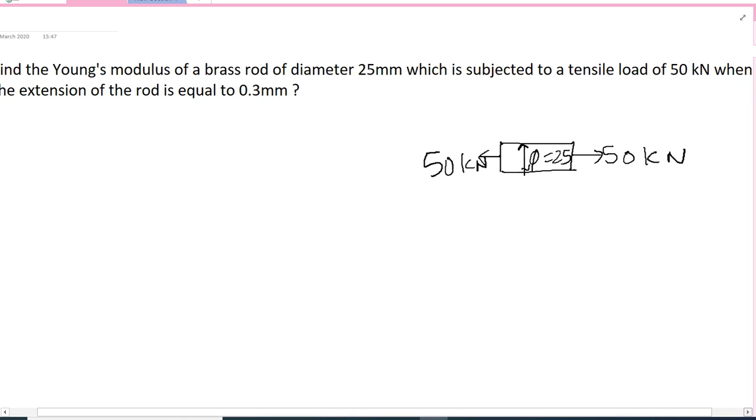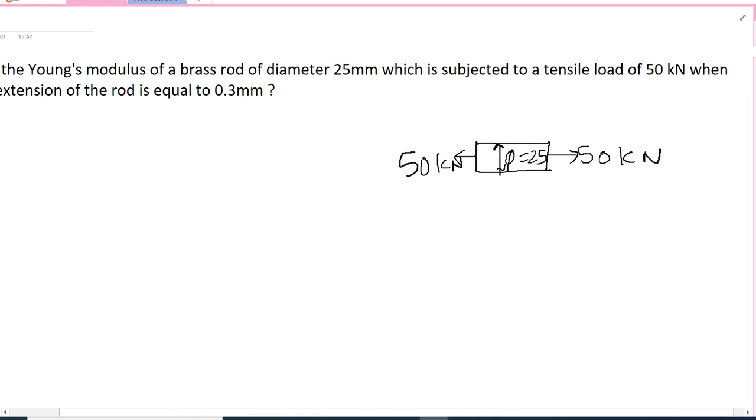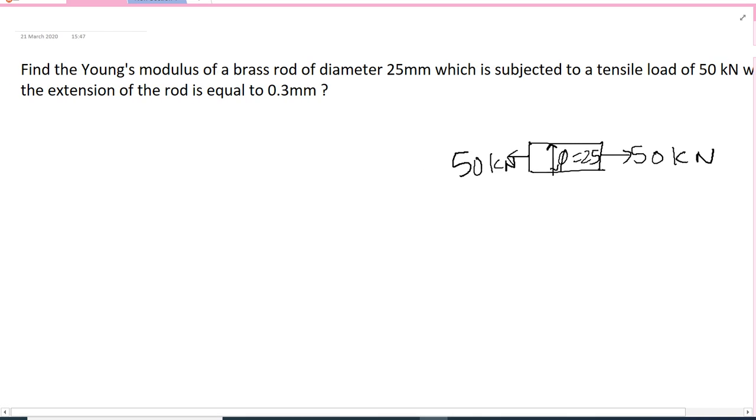Again, what he is saying is that the extension of the rod is 0.3 mm. Because of 50 kilonewton acting on this element, the extension of the rod, that means delta L, is 0.3 mm.